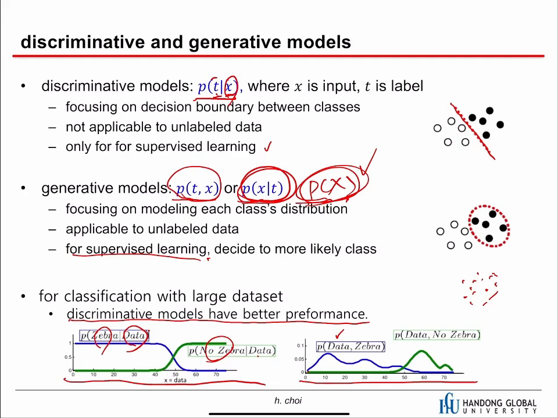When a data set is large enough, discriminative models are pretty much always better than generative models. But when we have a large data set without labels, so we have a lot of data samples X and only a few data samples with X and T, then generative models could be better than discriminative models, even though this is a classification problem.